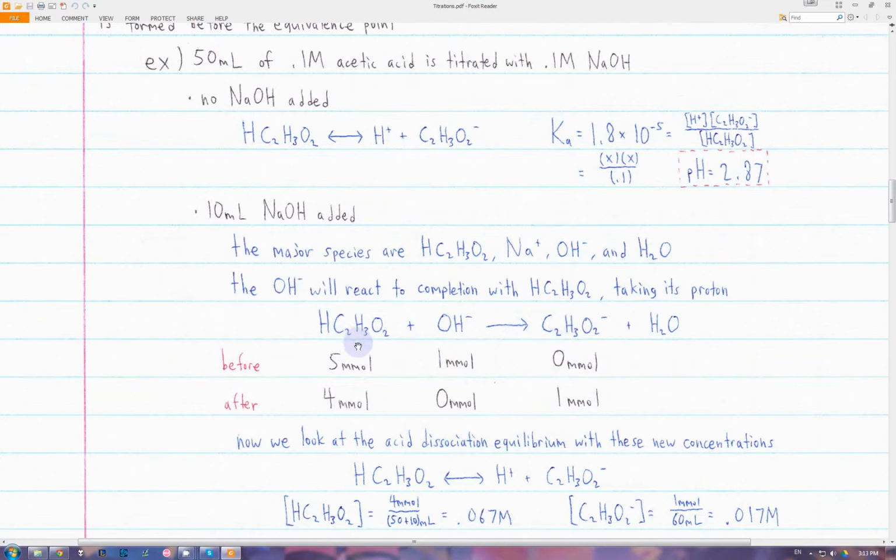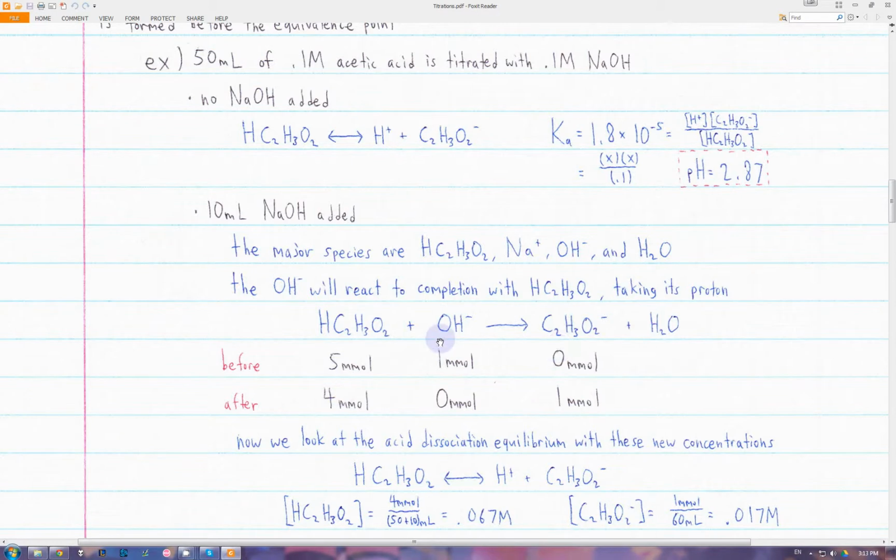So our initial amounts are 5 millimoles of acetic acid, from 50 milliliters times 0.1 molarity, and then 1 millimole of hydroxide. So hydroxide is the limiting reactant. 1 millimole of acetic acid is consumed, and 1 millimole of acetate ion is produced.